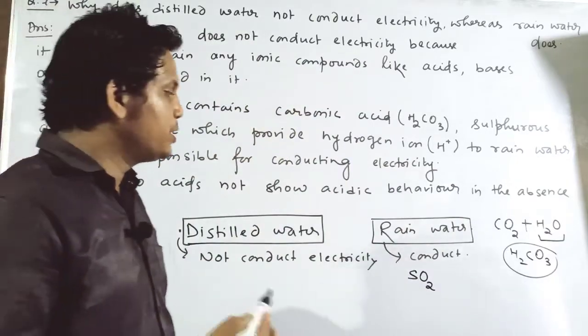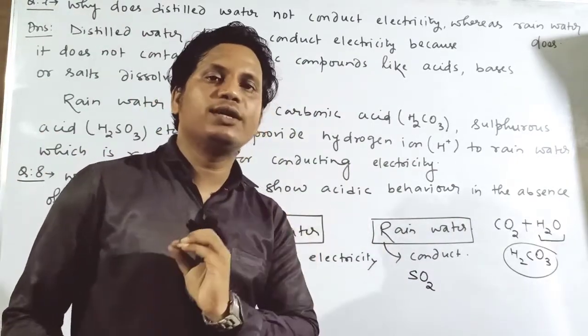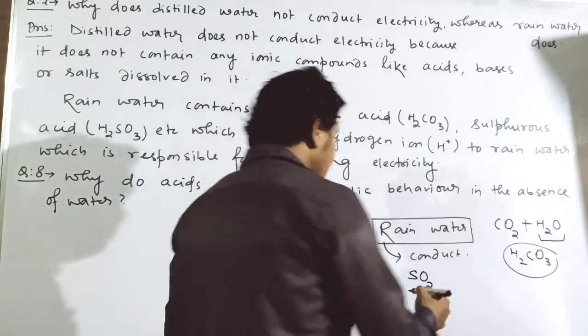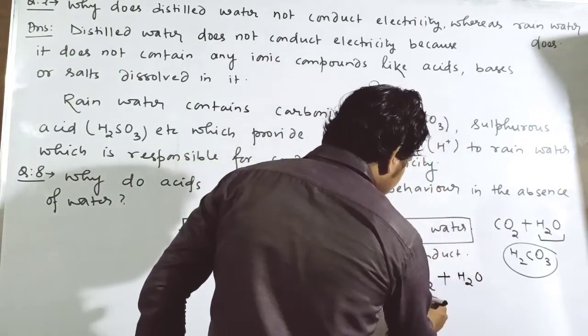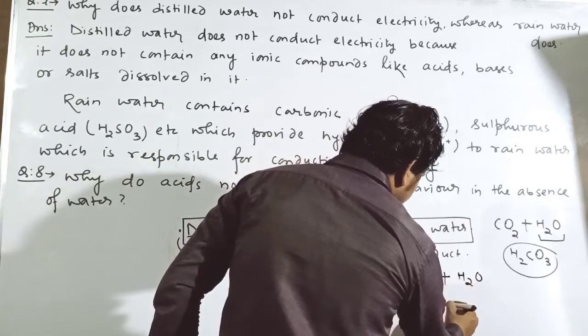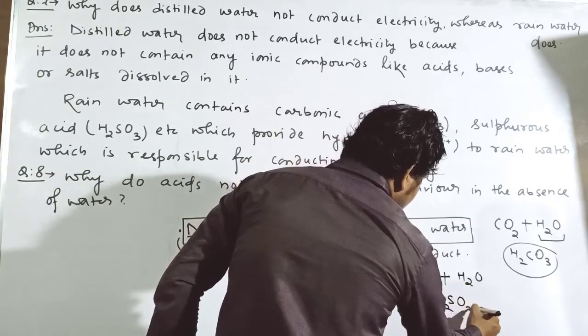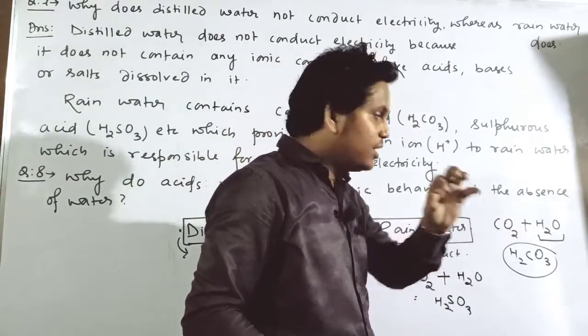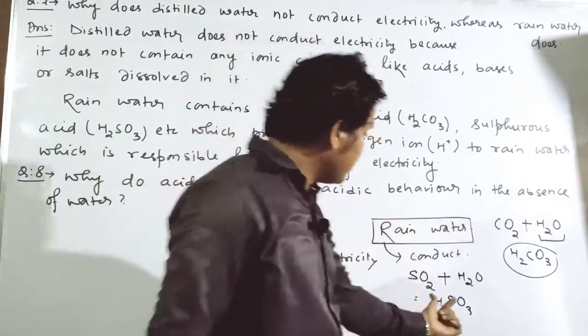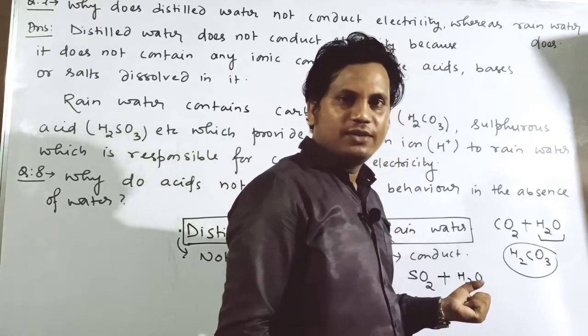It is also present in the atmosphere as a pollutant. So this also combines with rainwater to give H2SO3. Now you see, rainwater while falling contains some acid in it.